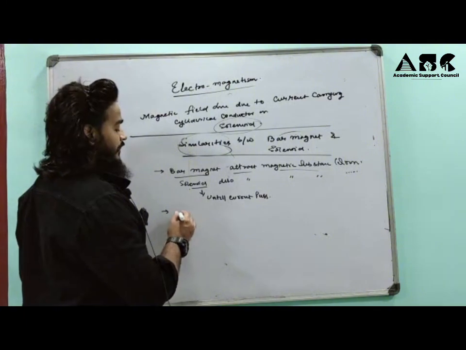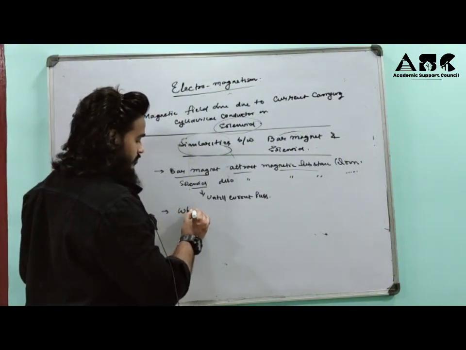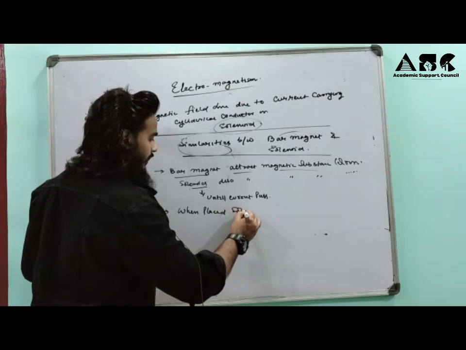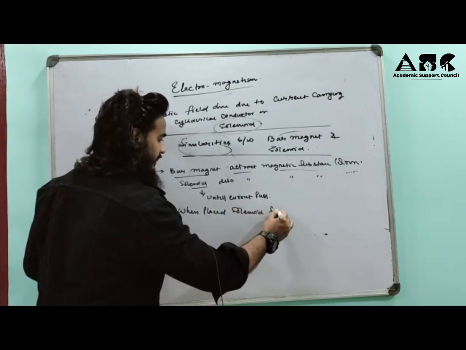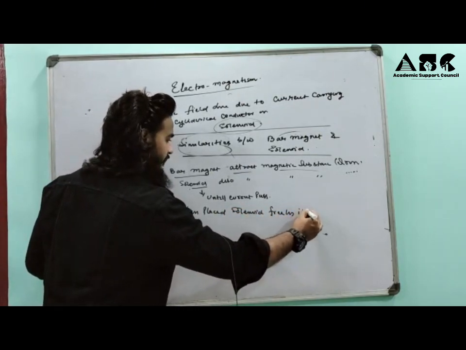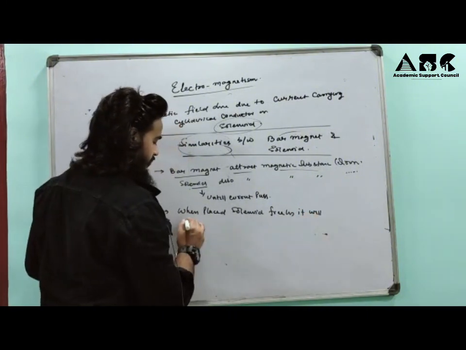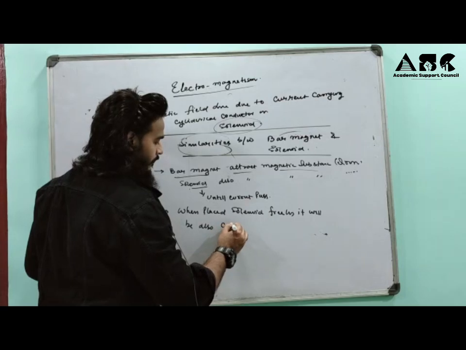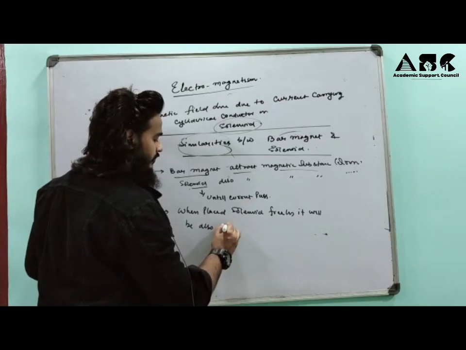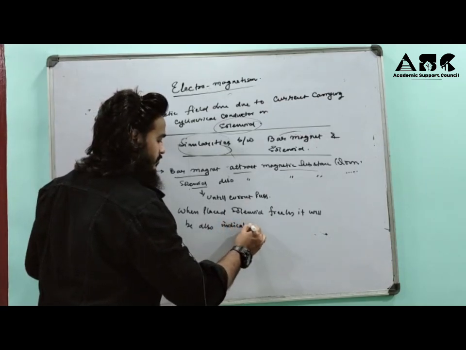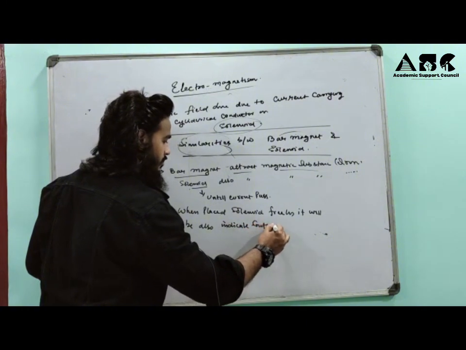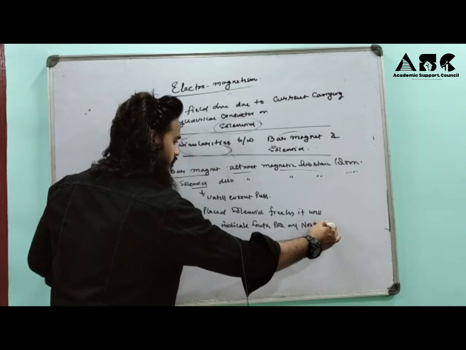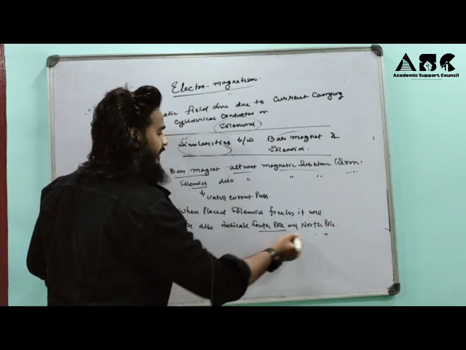When you place a solenoid freely, it will also indicate south pole and north pole. How do we identify them?